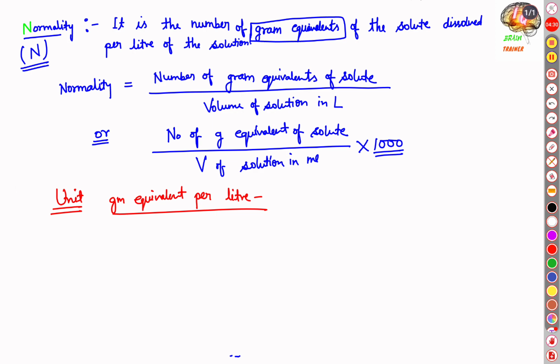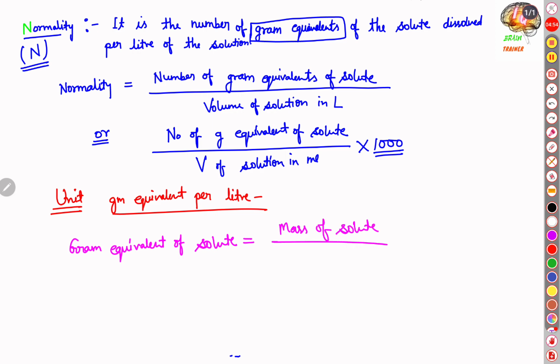then what is gram equivalent? What is gram equivalent of solute? Gram equivalent of solute is equal to mass of solute by equivalent mass. And one more question is arising from equivalent mass. What is equivalent mass?